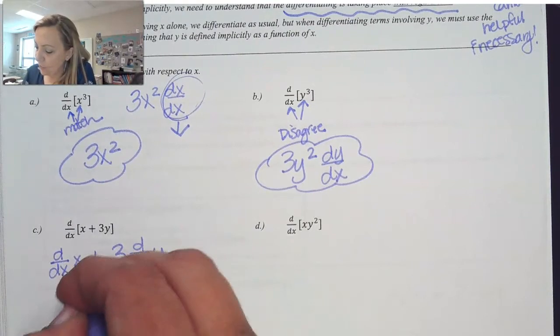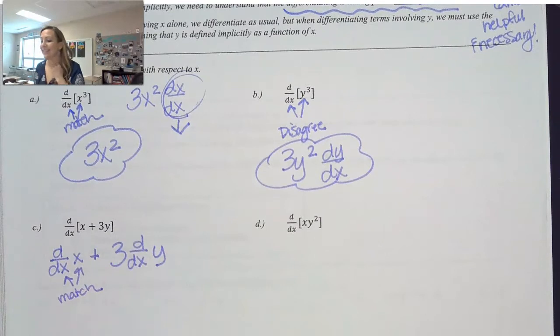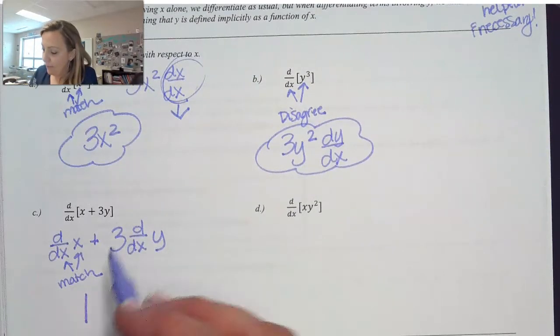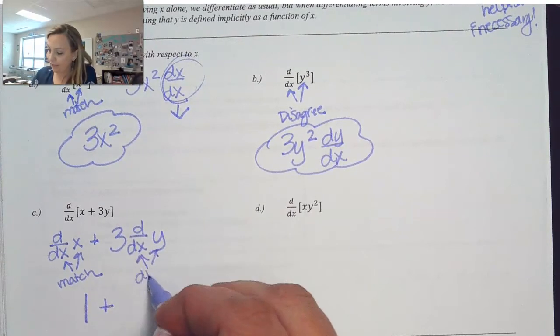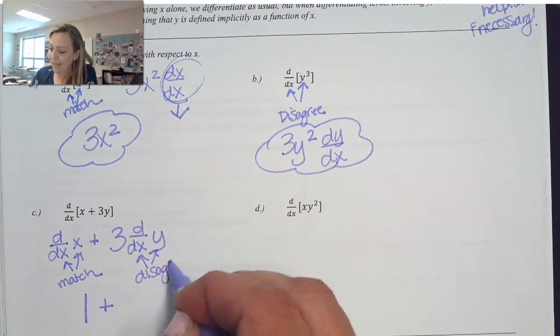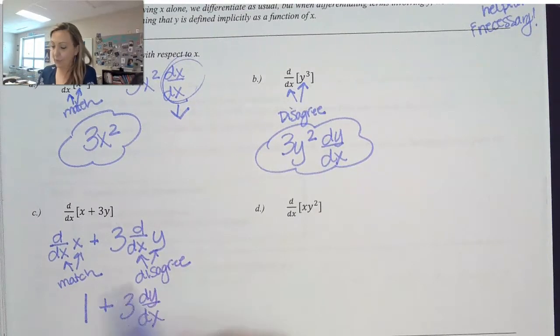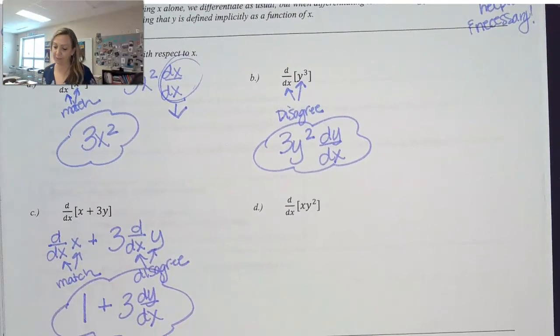Notice that these match, so in a sense we're going to just say dx dx, which is 1. But then here these disagree, so that means we've got to keep that dy dx present. So that would be what we end up with here.